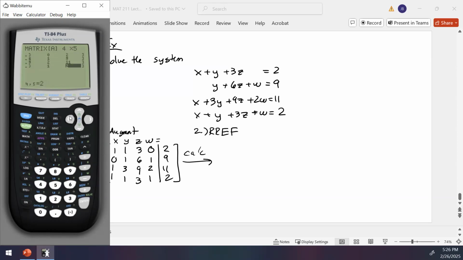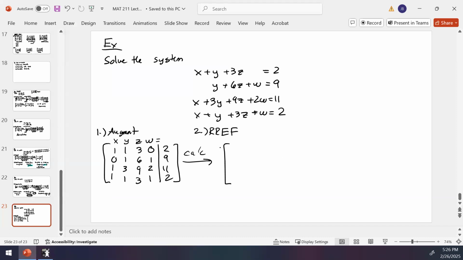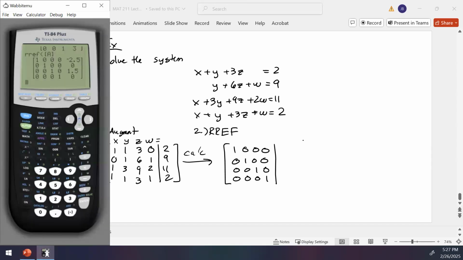So we've typed in all the numbers. And then we do second quit, second matrix, math, up arrow key for RREF, second matrix, hit A, and there it is. That's my answer. I'm done. So, you know, if you had to do this by hand, which on an exam, they would not make you do one like this by hand because it would take too long.